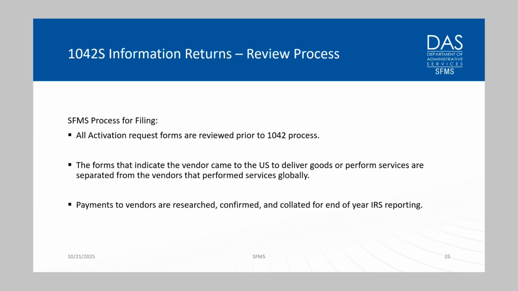Vendors who deliver goods or perform services in the U.S. are separated from those vendors that just performed services or supplies globally. Payments to the vendors are researched, confirmed, and then collated for the end of year IRS reporting. So this is not an automated process, it's manual. We've got a spreadsheet for that.